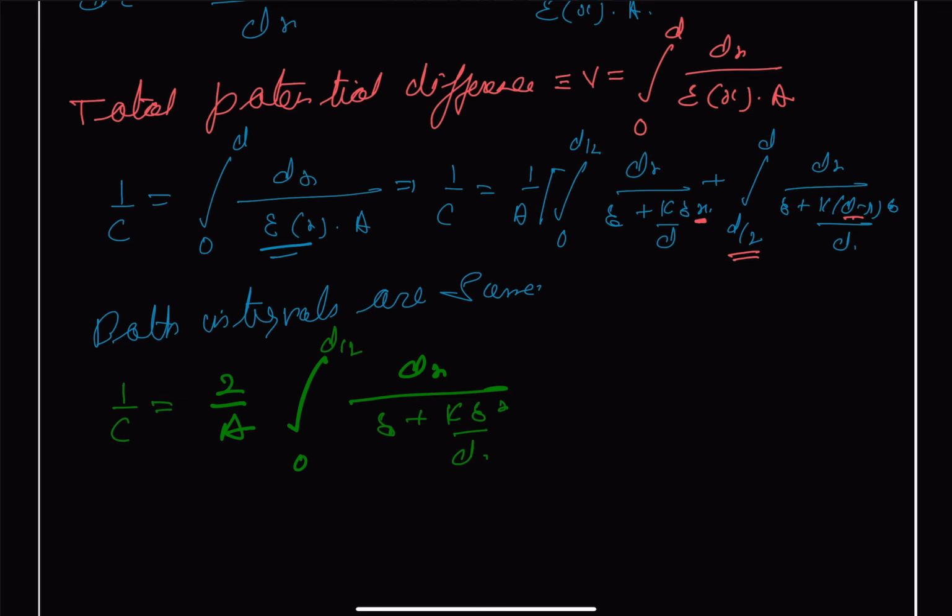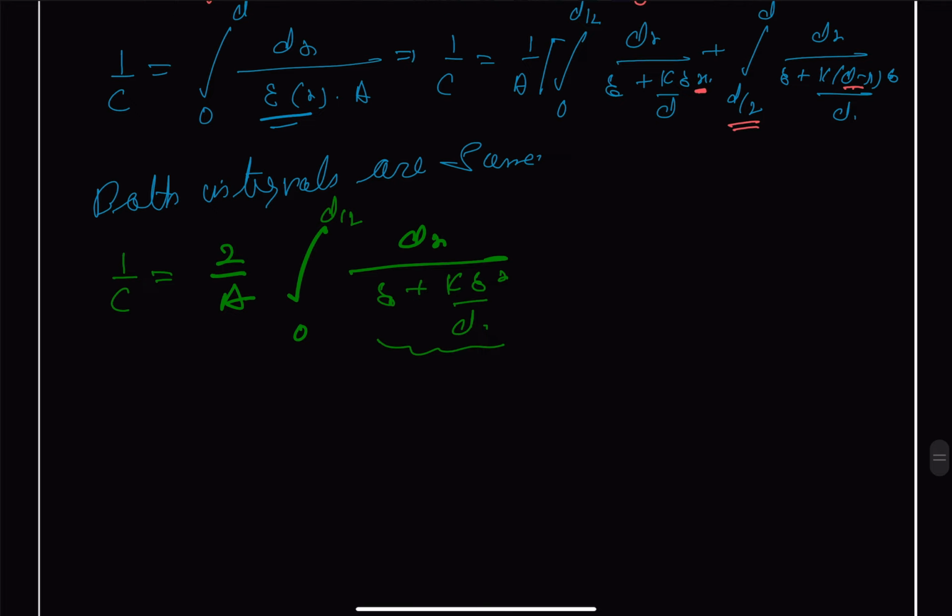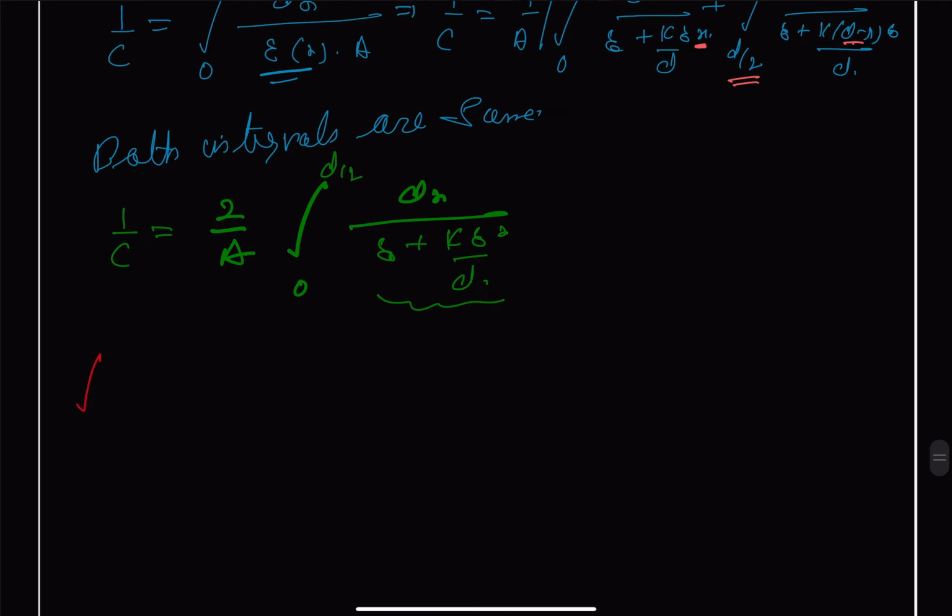So the rest of the terms are constant, so we are interested in this part, so let me write it separately. We can write this as the integration over dx of 1 upon epsilon naught plus k epsilon naught x upon d, which will be our a plus bx.